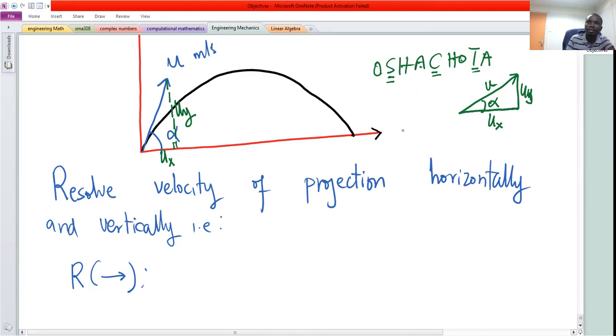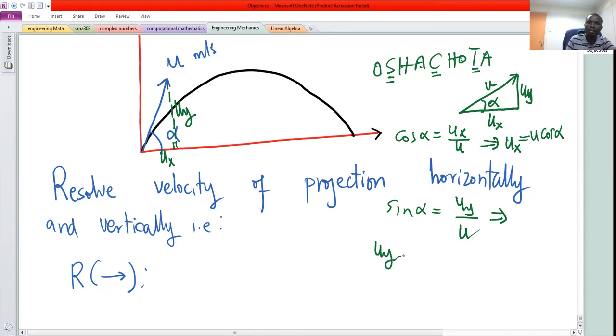So cos alpha is adjacent, which is ux, over hypotenuse, which is u. That tells you that ux, the horizontal component of the velocity, is u cosine of alpha. Similarly, sine of alpha is uy, opposite, over hypotenuse, which is u. So uy is u sine alpha.